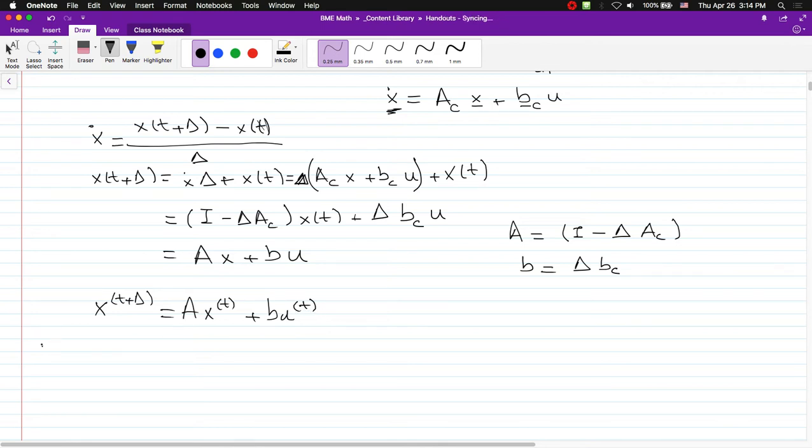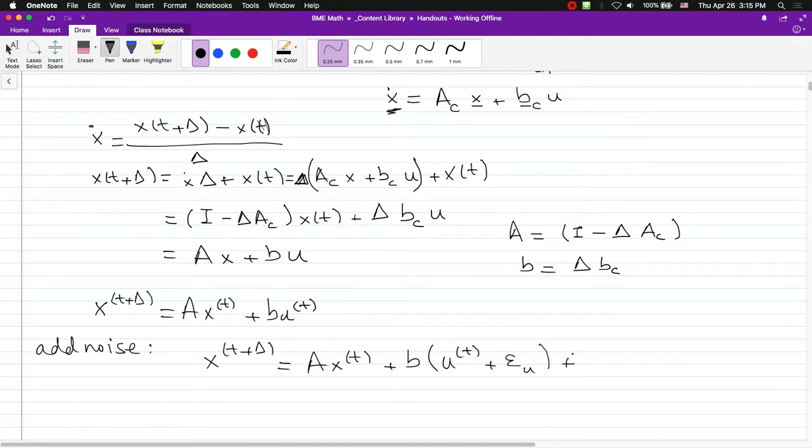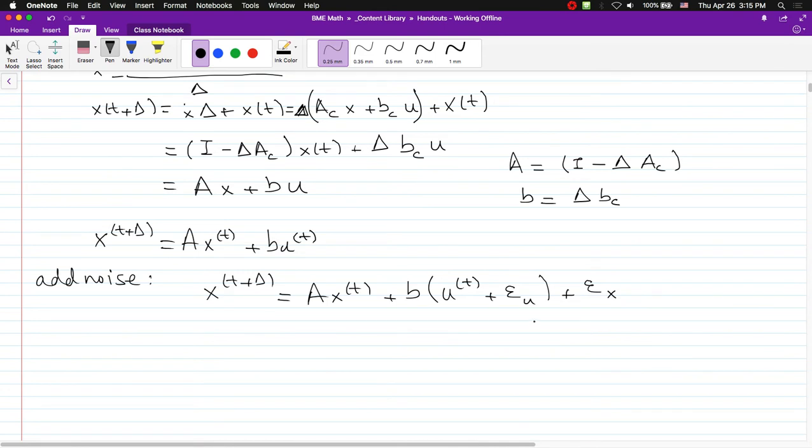So now we add noise. We have x at time t plus delta is equal to a x at time t plus b u at time t plus epsilon u plus epsilon x. Now what I'm going to do is add two kinds of noise. Epsilon u is a normal with mean 0, variance k squared u squared.